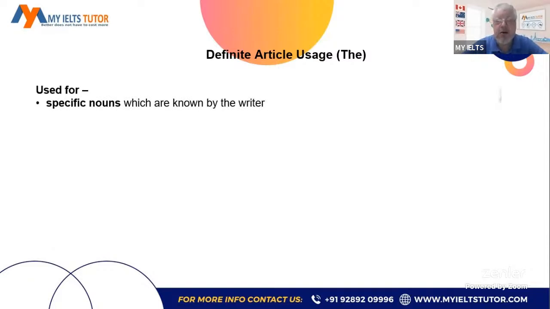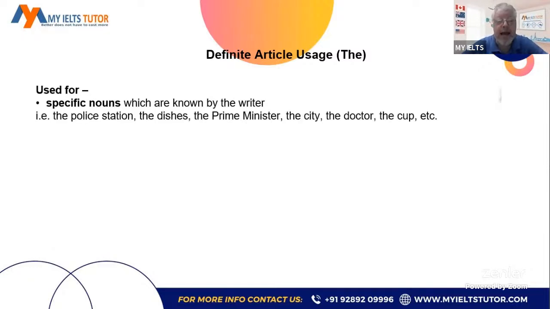Okay, these nouns are known. So the laptop I am using, for example, the laptop or the phone that you are watching this on, okay? So for example, the police station. These are some examples of what we use, right? And these are really specific.